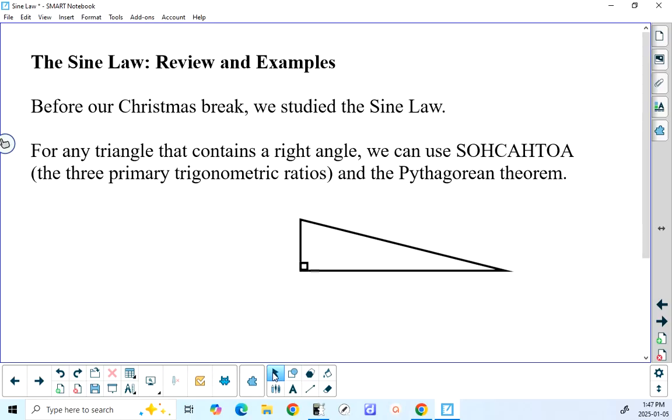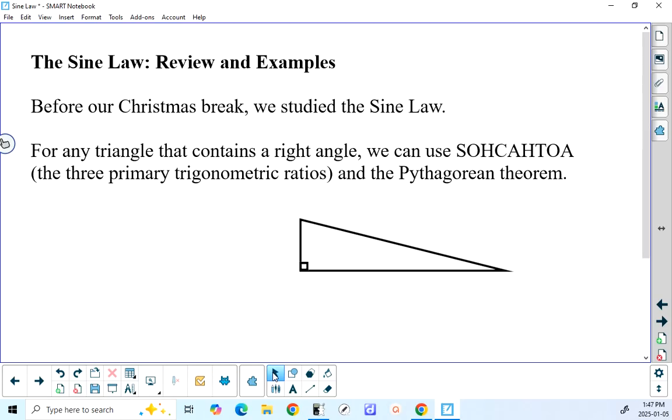When you're dealing with a triangle that has that property, it has a right angle, it contains a hypotenuse, and depending on the angle we're talking about, one of the sides is called adjacent and one of the sides is called opposite. The longest side, of course, the one across from the 90-degree angle, is the hypotenuse.